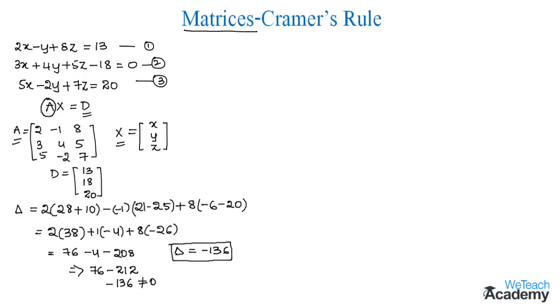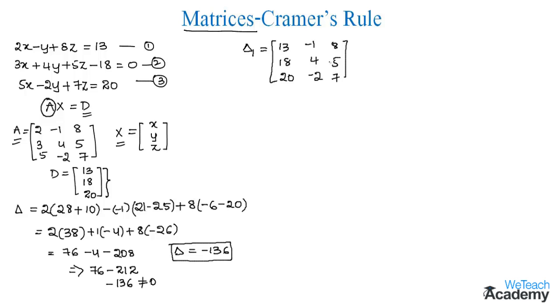The next step is to find the determinant of matrix A1, which is denoted by delta 1, by replacing the constant matrix in the first column of matrix A. So here, the first column of matrix A would be 13, 18, 20, and the rest of the columns remain the same.